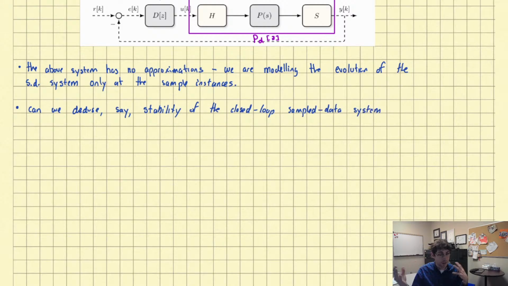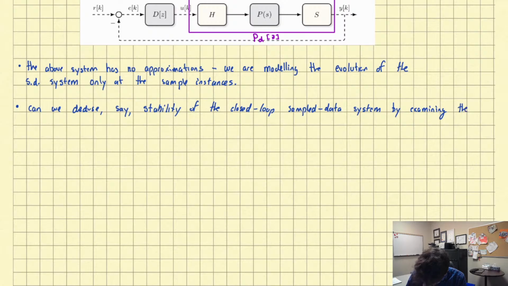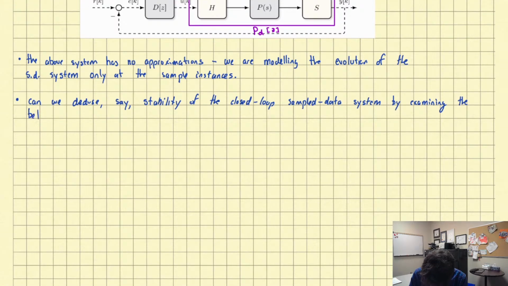Right, which is sample data, a mixture of continuous and discrete, by examining the behavior at only the sample instances.